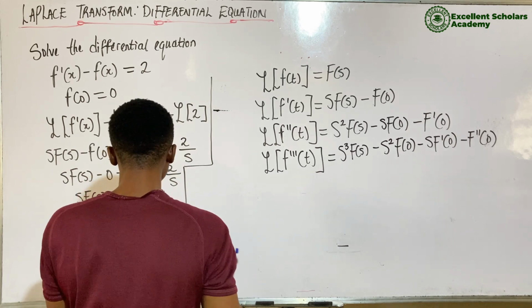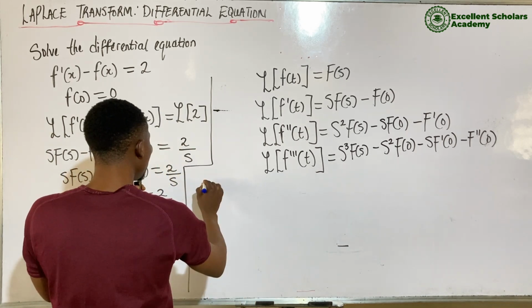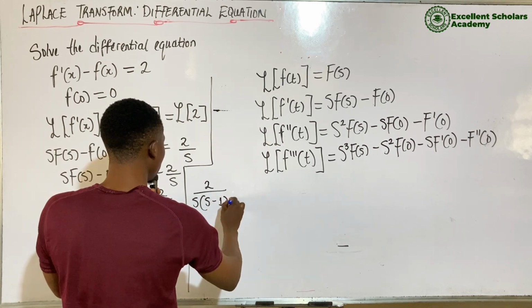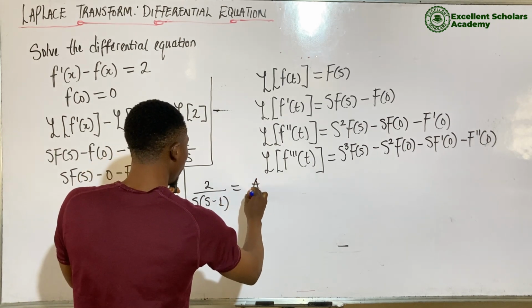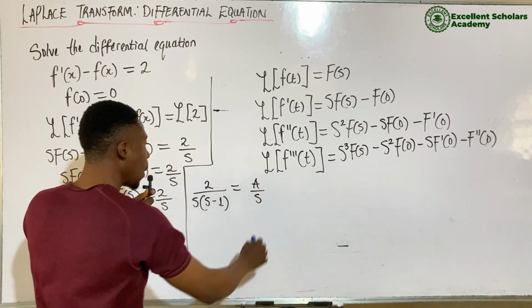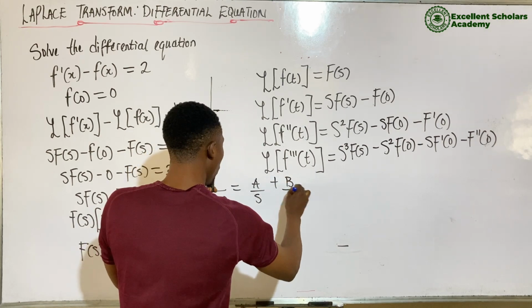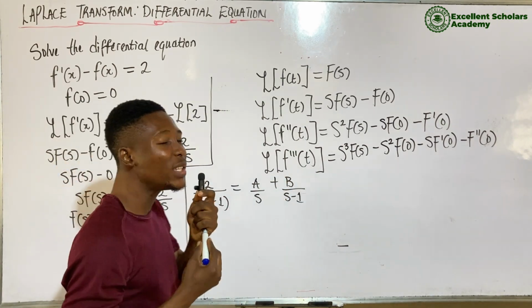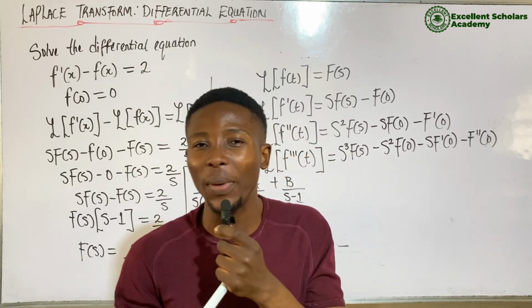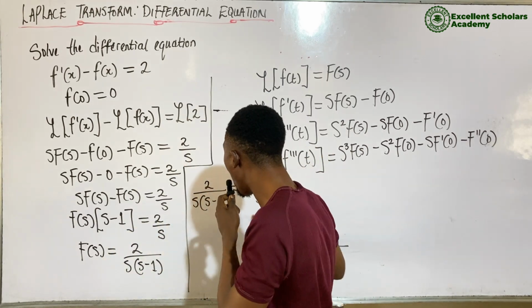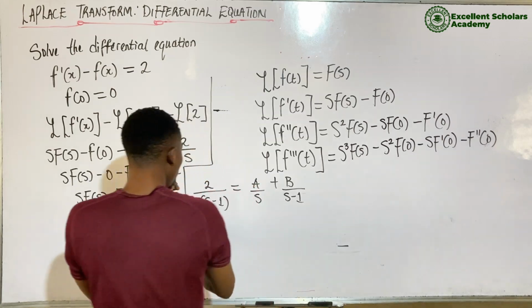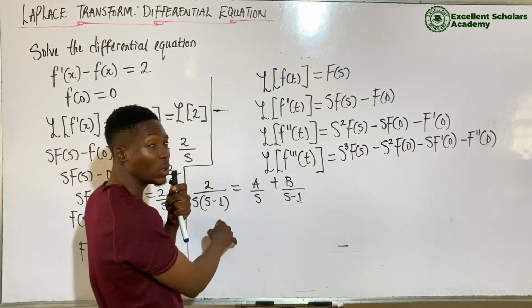So how do we go about that? To resolve 2 over s into the bracket s minus 1 into partial fractions, it becomes A over s plus B over s minus 1. The next thing we're going to do is multiply through by the LCM of the denominators, which is s into bracket s minus 1.